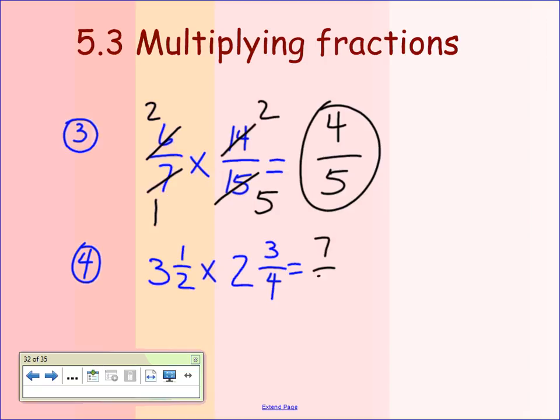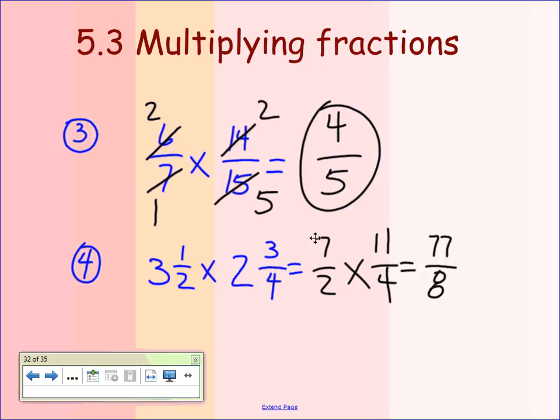So I get 7 over 2 times 11 over 4. Okay, first thing we ask ourselves, is there anything we can cancel here? Doesn't look like it. So we're going to have to go ahead and multiply. 7 times 11, 77. And 2 times 4 is 8.